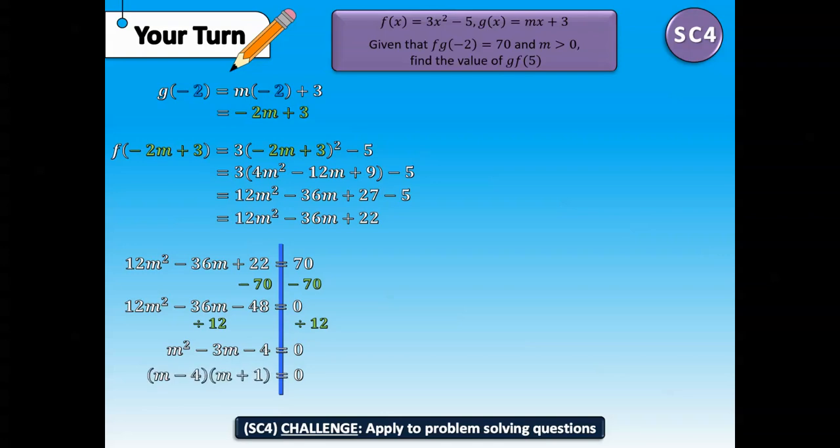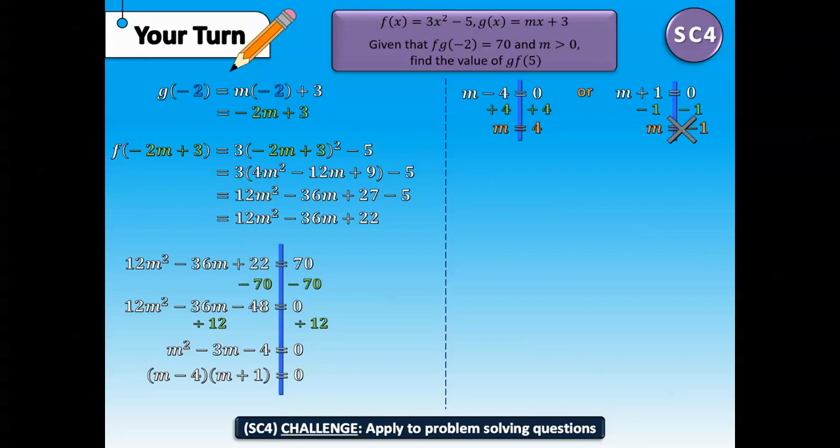So I factorize it into two brackets and then solve it. So m minus 4 equals 0, or m plus 1 equals 0. That means m equals 4, or m equals minus 1. And I'm told in the question that m is greater than 0.